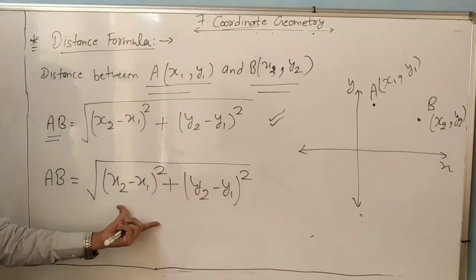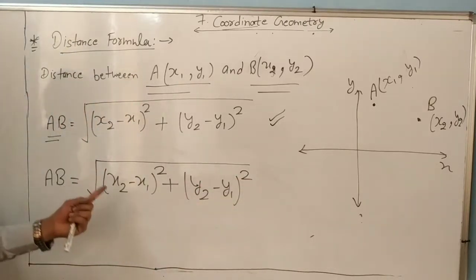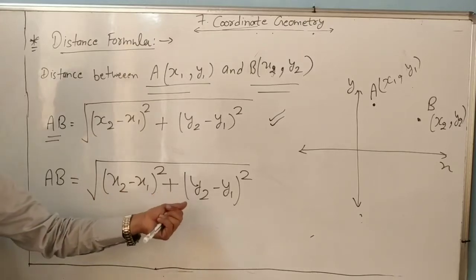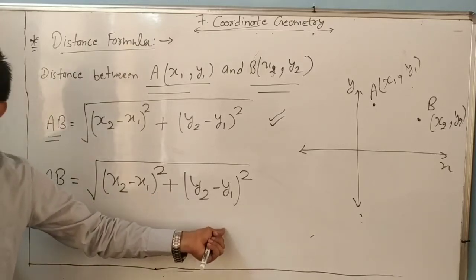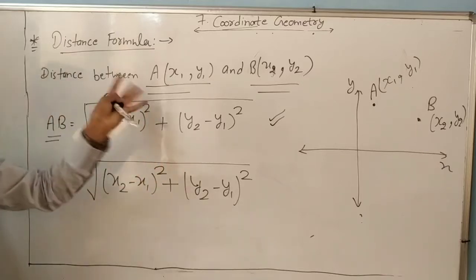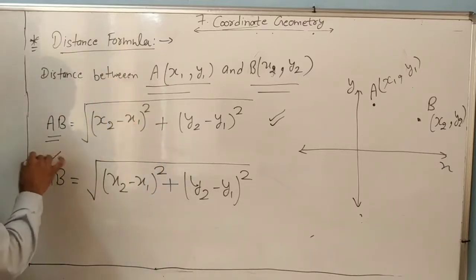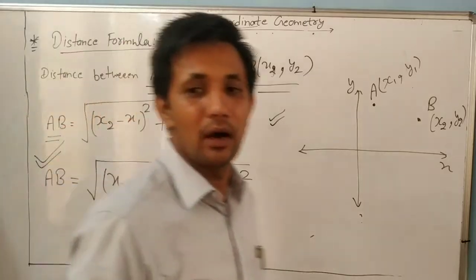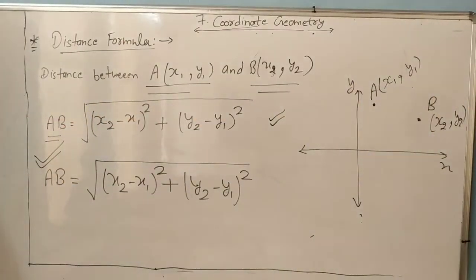It is the distance formula. Understand? Square root of x2 minus x1 whole square plus y2 minus y1 whole square. Note it down, dear. Now we will finish this exercise based only on this formula. Please note it down. What is the distance formula?